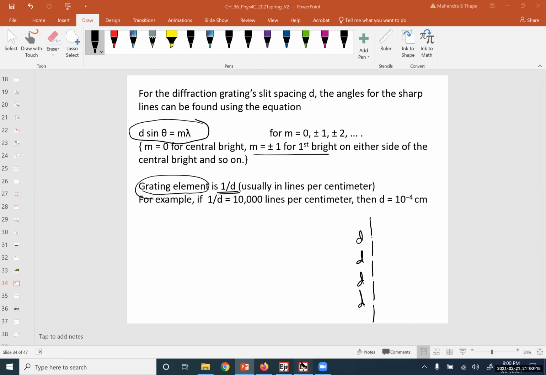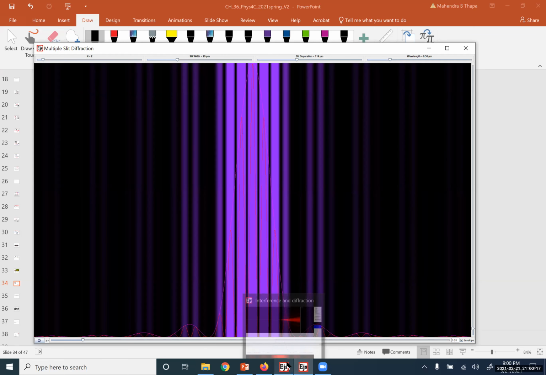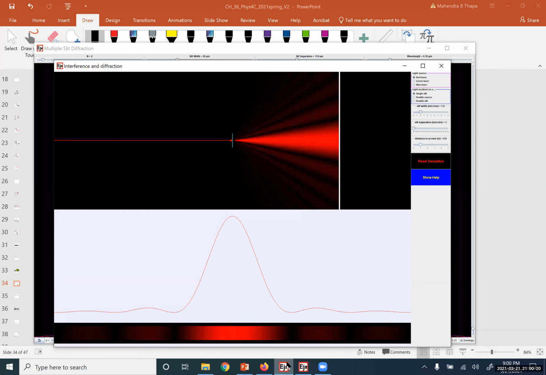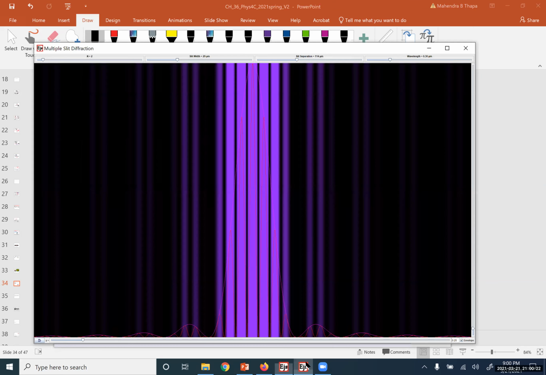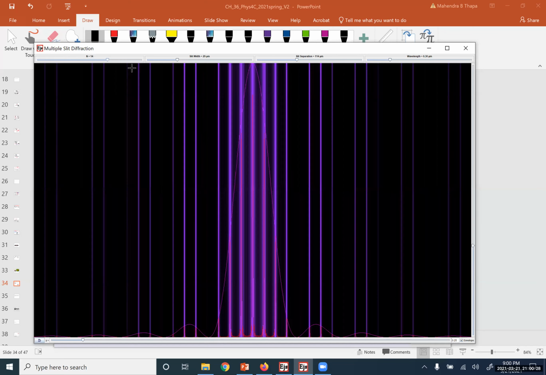In this simulation, I will show you that if we have many slits, instead of only 2, say many thousands, the interference pattern will change.